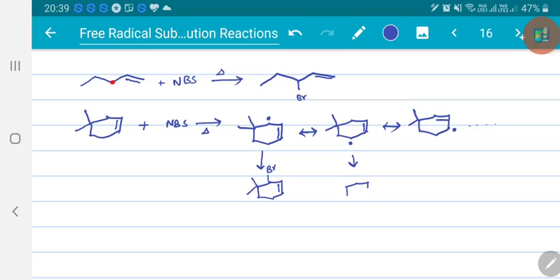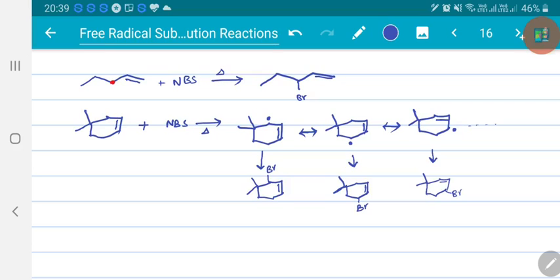If this happens, you may get the brominated product here, or you may get the brominated product at this position, based upon the different chemical environments.